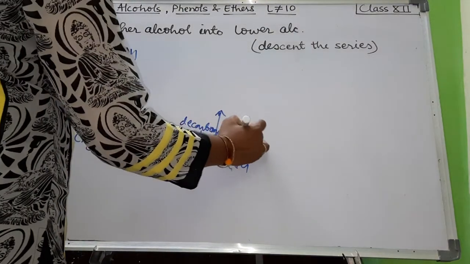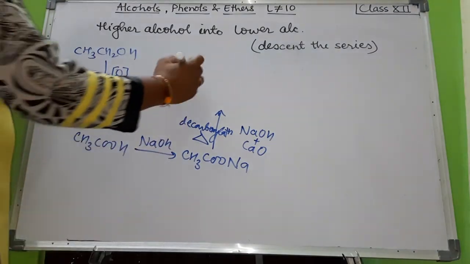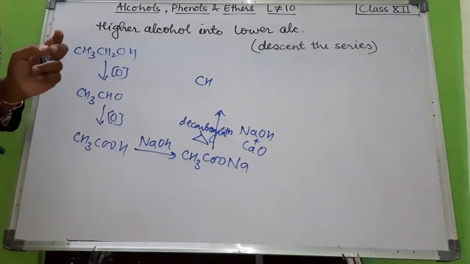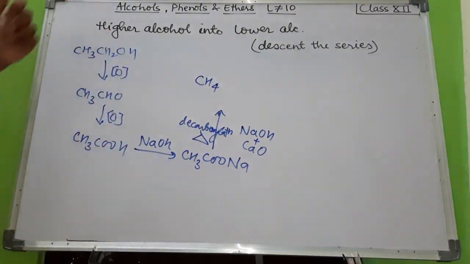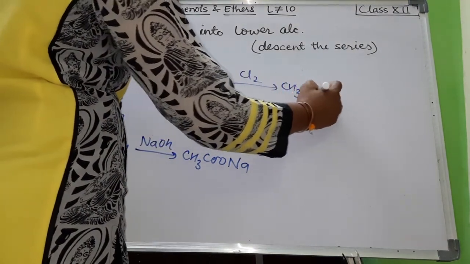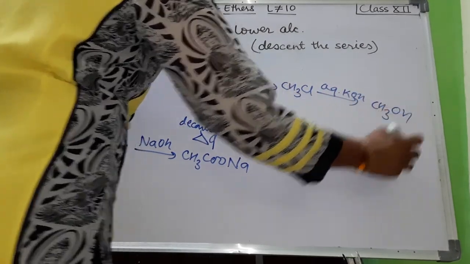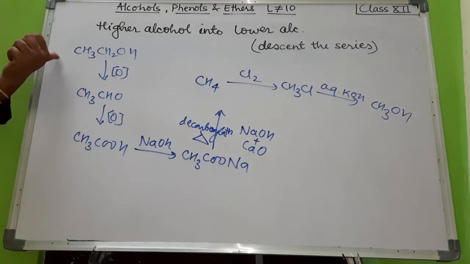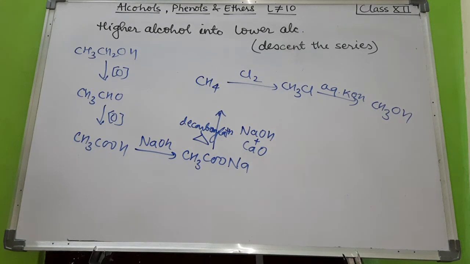So on heating in the presence of NaOH and CaO, it will give CH4, sorry, not CH3, it will give CH4, and an alkane will be obtained. Now this alkane on treatment with chlorine will give CH3Cl. This on treatment with aqueous KOH will give CH3OH. Thus we have converted an alcohol containing two carbon atoms into an alcohol containing one carbon atom, that is, ethanol is converted into methanol.